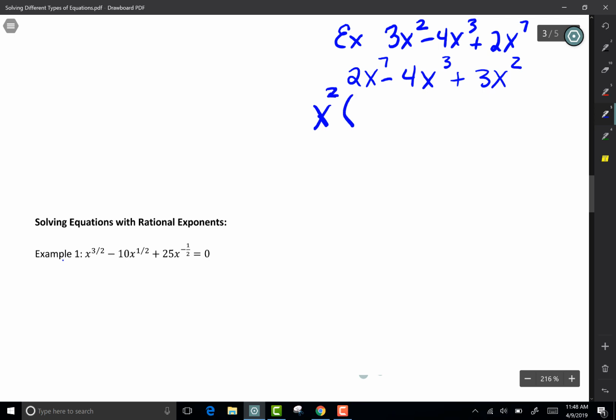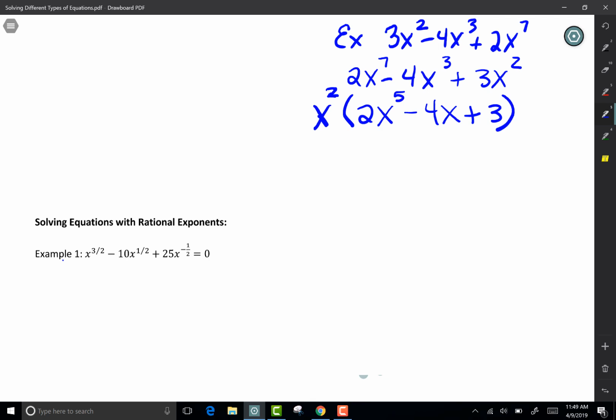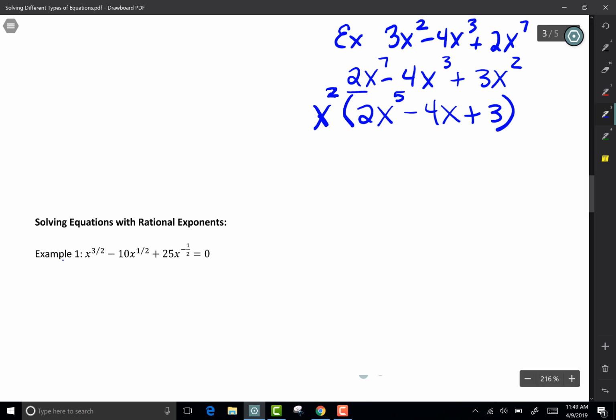And what's left would be 2x to the 5th minus 4x plus 3. Now that seems pretty natural to us and intuitive because we've been doing it for so long. But really what we're doing, once we find out whatever they all have in common, is taking each term and dividing by whatever they have in common to figure out what's left over.